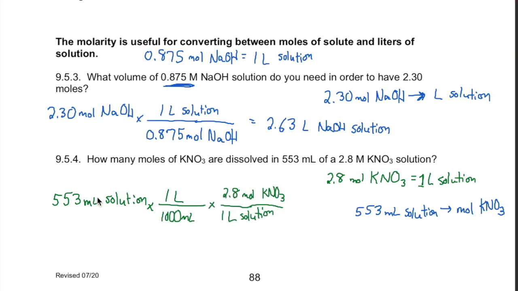So this conversion factor, the first one will cancel milliliters, so we'll have liters of solution. And then the next conversion factor cancels liters of solution with moles of potassium nitrate. And this ends up coming out to be 1.5 moles of potassium nitrate.